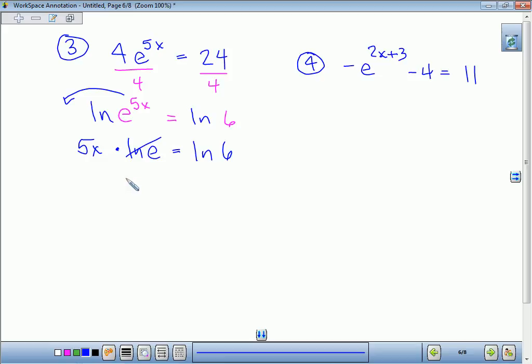Multiplying by 1 doesn't change anything. So to solve, we would just divide by 5. So our exact answer would be natural log of 6 divided by 5. And so our approximate answer would be 0.36, 36 hundredths.